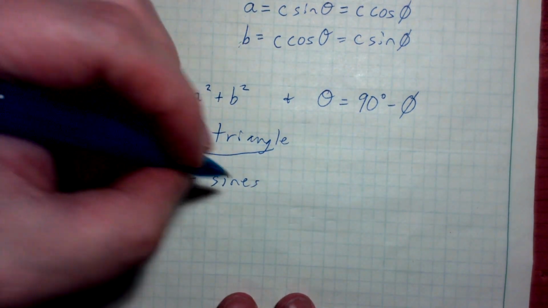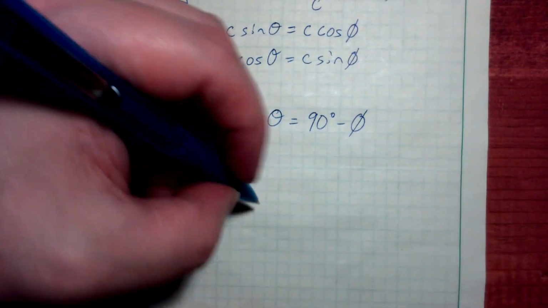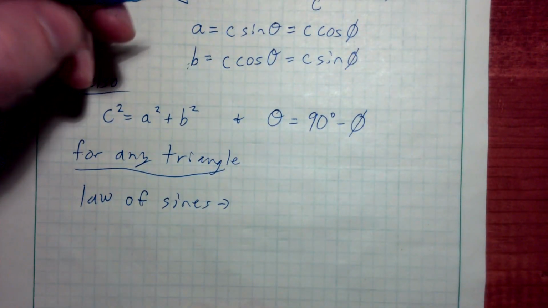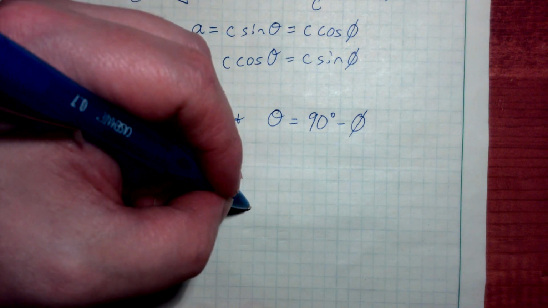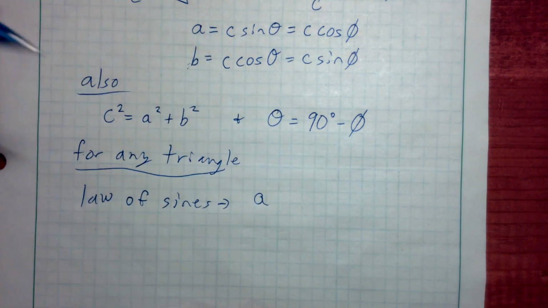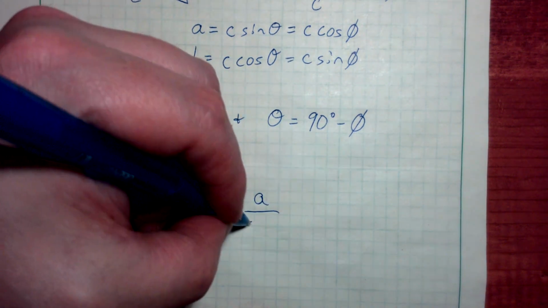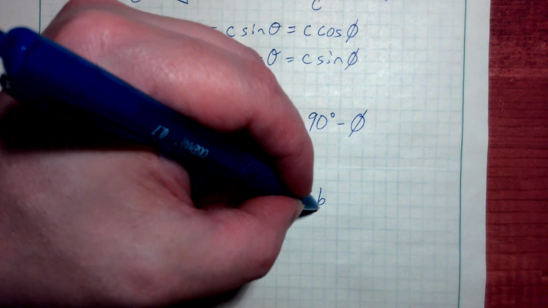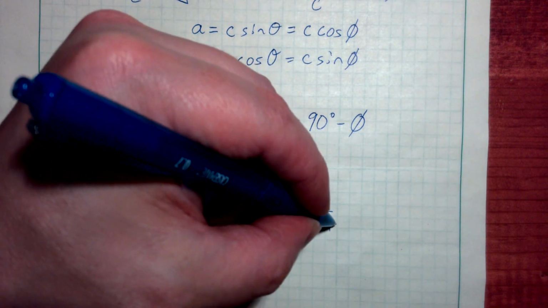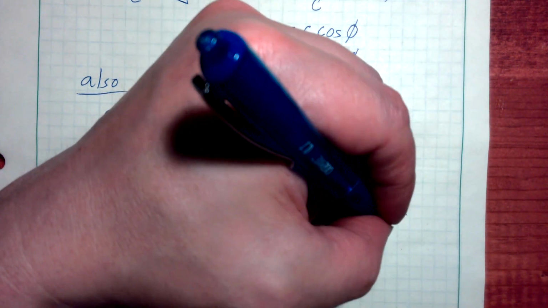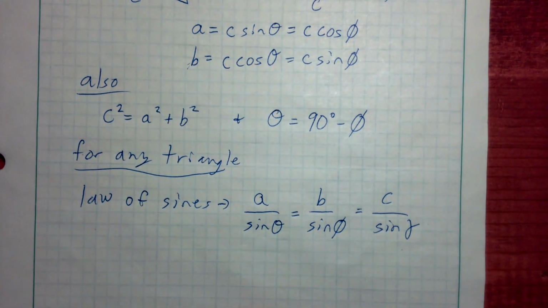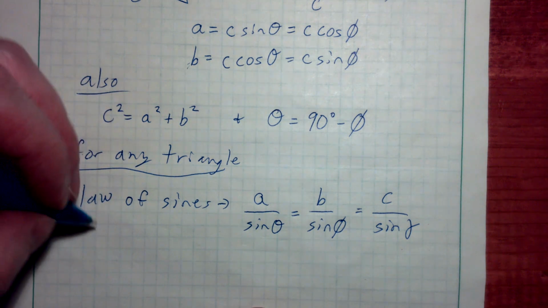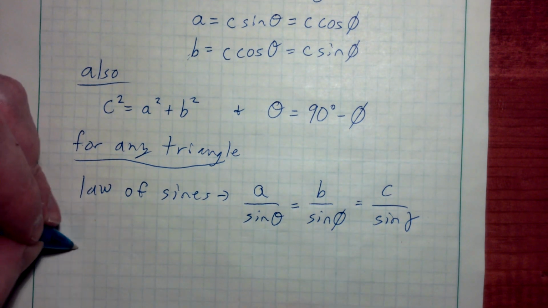So some of the homework problems you'll find, especially if you look at solutions, they might use the law of sines, where they're going to say a over sine theta is equal to b over sine phi is going to equal c over sine, I'm going to say gamma, where gamma would be the angle opposite of c. I'll draw a triangle here in just a second.